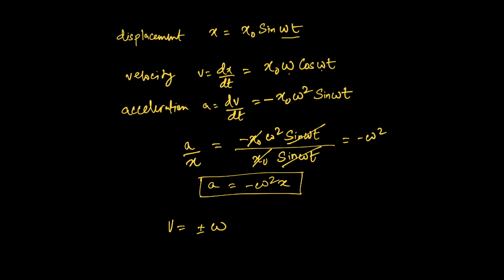It's plus or minus because it can be in one direction or the other, right? And you would take the square root of x naught squared minus x squared. So whatever the position is at that time, and whatever the maximum displacement is, you subtract the squares from each other, take a square root, and multiply it by the angular frequency.